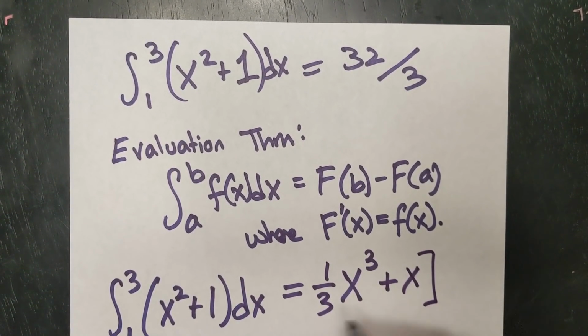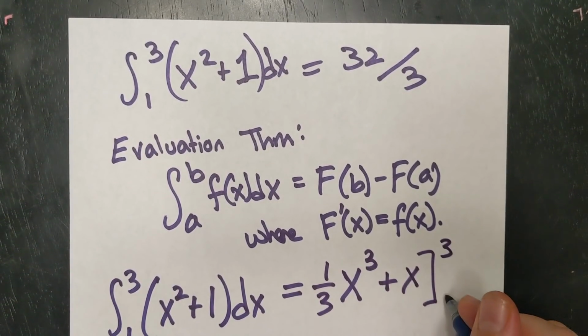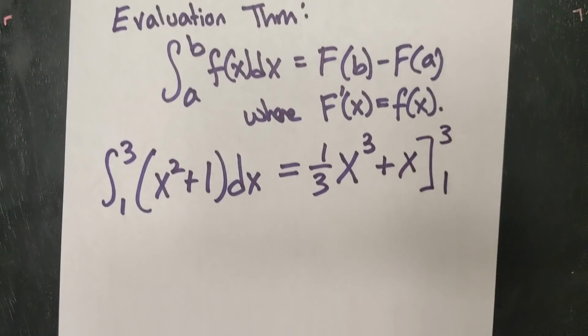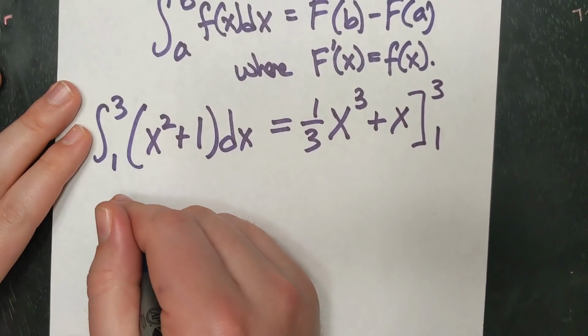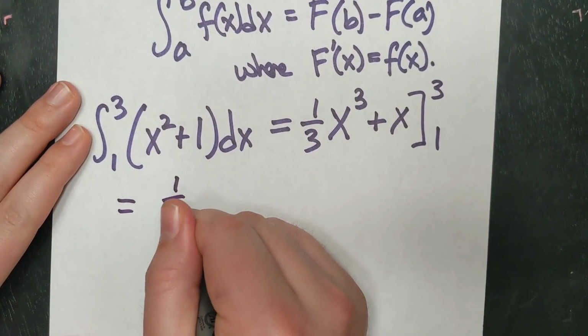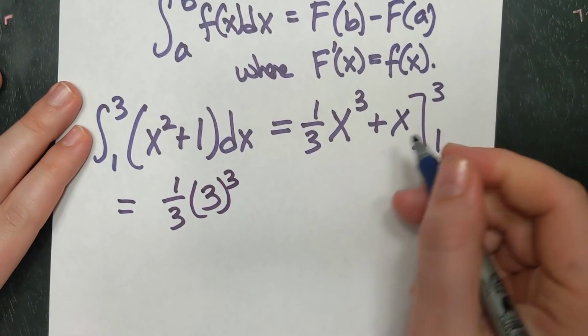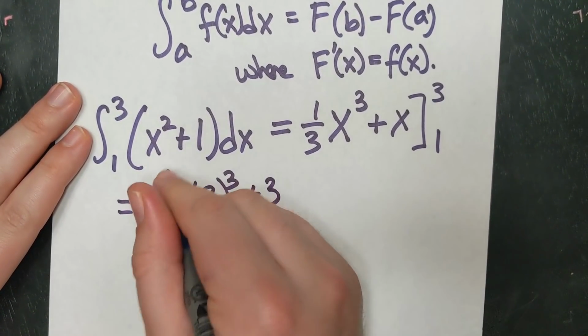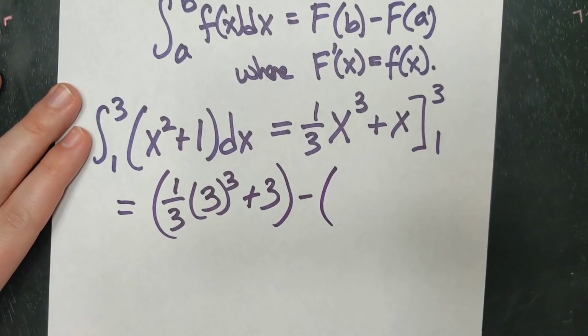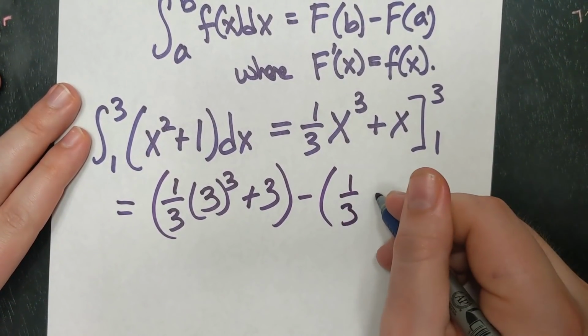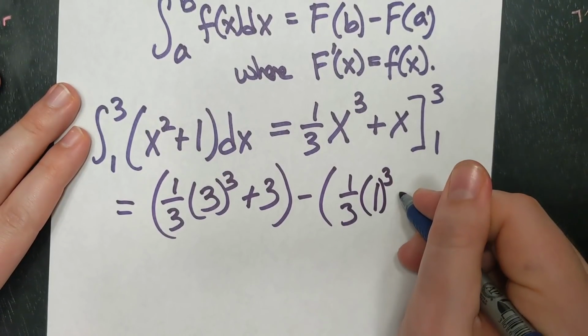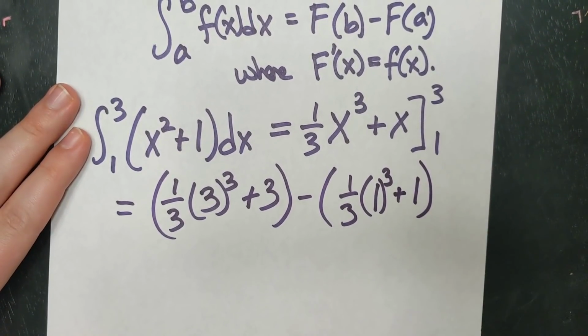And we're going to be plugging in the endpoints, 3 and 1. So let's evaluate this. You get 1/3 of 3 cubed plus 3, minus, plugging 1 in, 1/3 of 1 cubed plus 1.